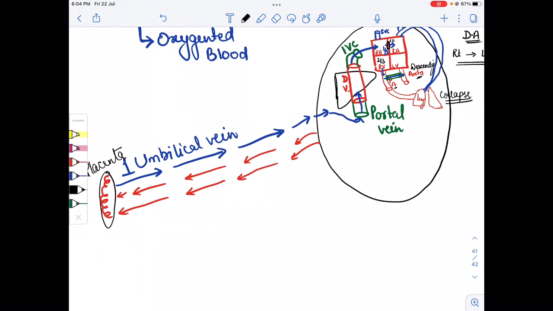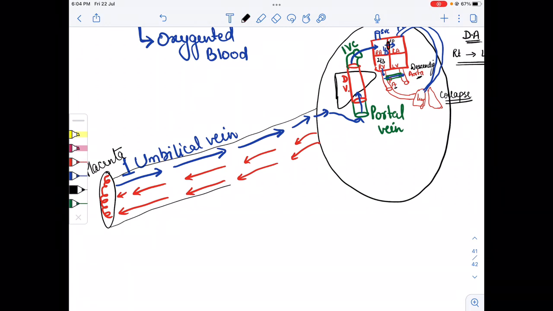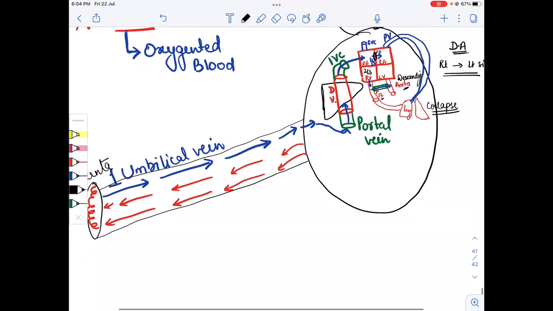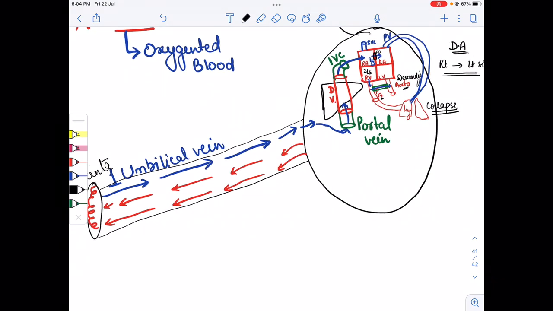So this one is our umbilical cord. In the umbilical cord, how many umbilical arteries and umbilical veins are present? Please remember this diagram. If you remember this diagram, then you can answer every question very easily.